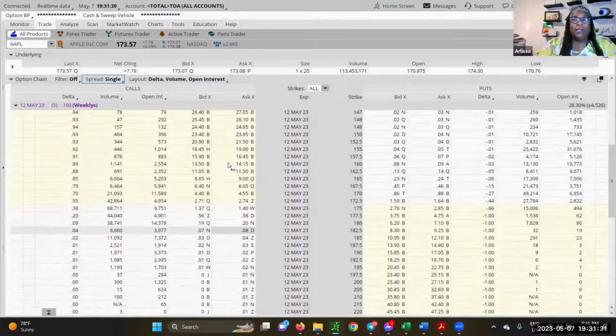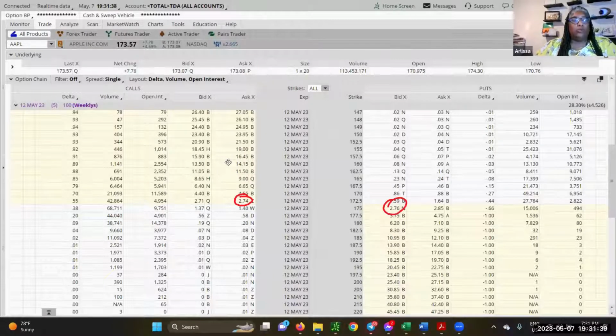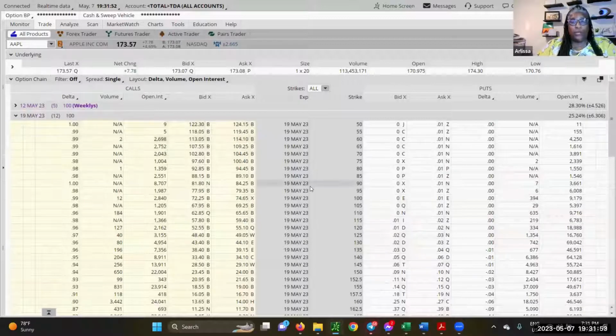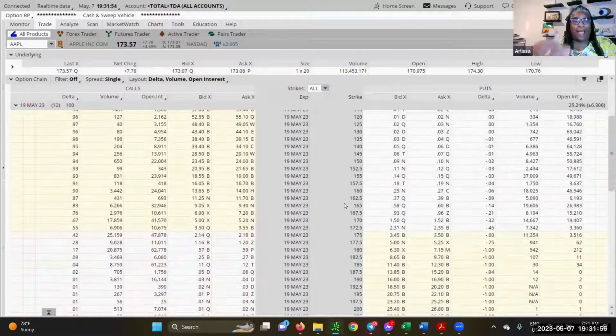But if you're buying on Apple, you're buying at $270, a put at 270, 150. You can't necessarily buy within the week. You honestly should buy out further in time. Some people do buy the same week, and that's a whole strategy. If it's doing what you want it to do, then great. If not, you probably should buy out a little further in time.